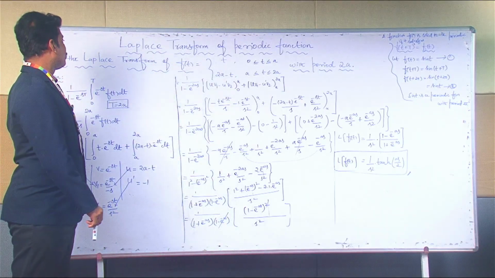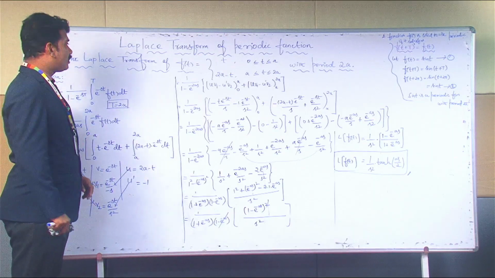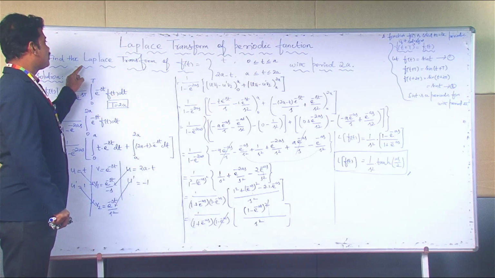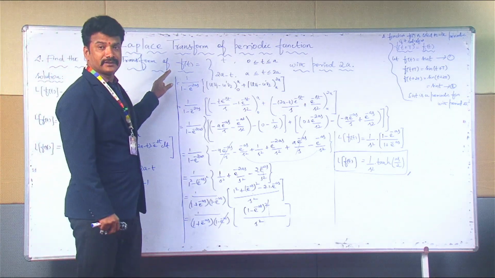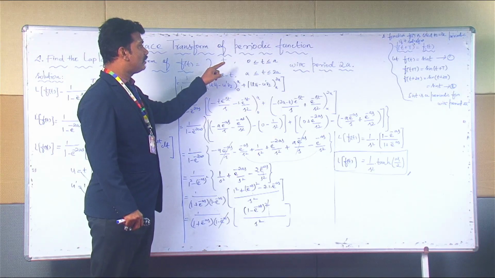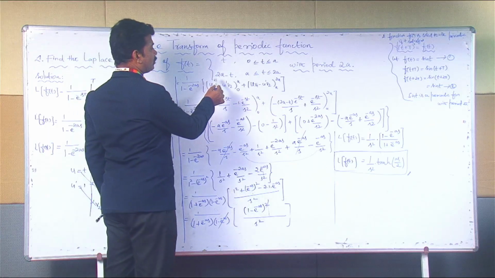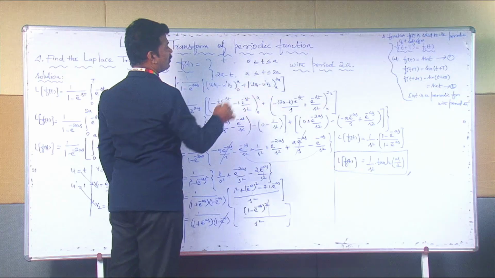What is the Laplace transform of a periodic function? Now let us see one of the most important questions. Find the Laplace transform of the function f(t) = t, 0 ≤ t ≤ a, and 2a − t, a ≤ t ≤ 2a.